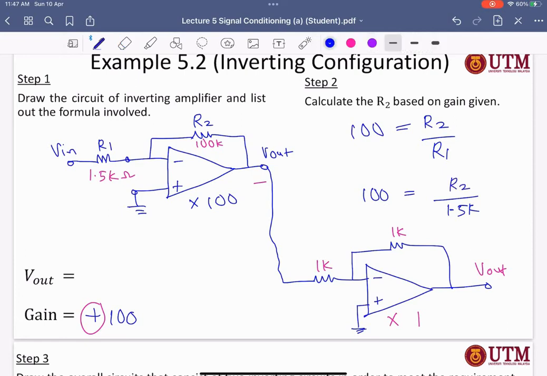Now your R2 value is equal to 150 kilo ohm. Okay, 150 kilo ohm divided by 1.5K gives you 100, right? Is it okay, guys?